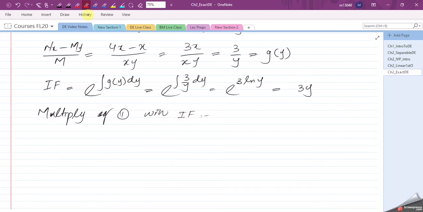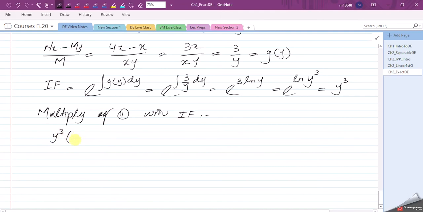Have I made a mistake? Yeah, here it is. This is wrong. You cannot cancel e and log like this when there's a 3 between. You must move the 3 into the power of y, and then only you can cancel e and log. So our IF is y³, not 3y.